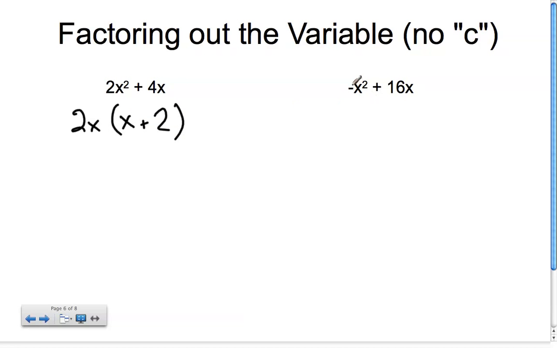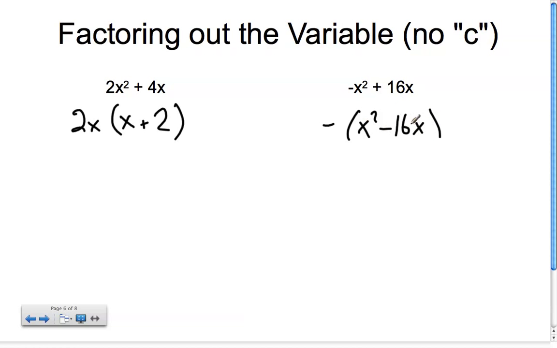On this side, I always want to factor out factors that are attached to the x. So I'm going to take out that negative first. And I'm doing that because I want to show you something. I don't want you to get caught in a trap. Okay? So I took out the negative. Now, this might look like a difference of squares, right? This is a perfect square and 16 is a perfect square. But this is not. Ooh, bad. Bad, bad, bad.